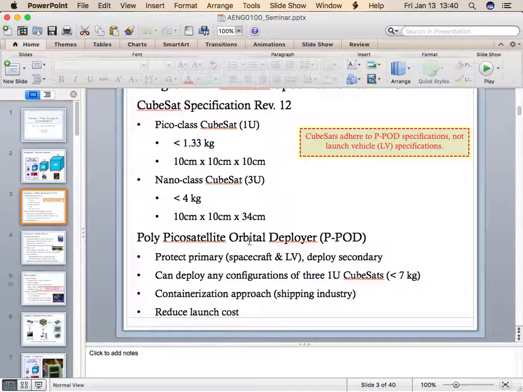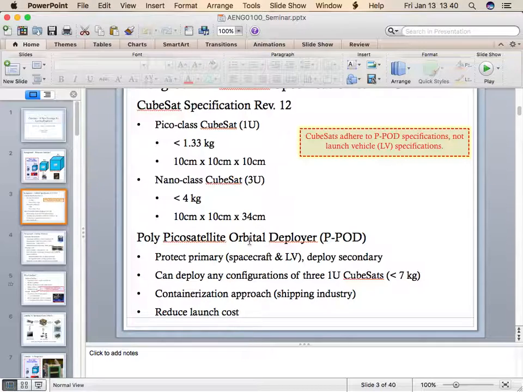This is almost the size of the PPOD. So what you can do is you can have three pico satellites, pico CubeSats, in one PPOD.